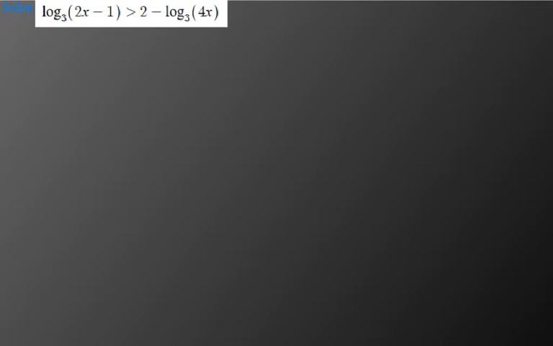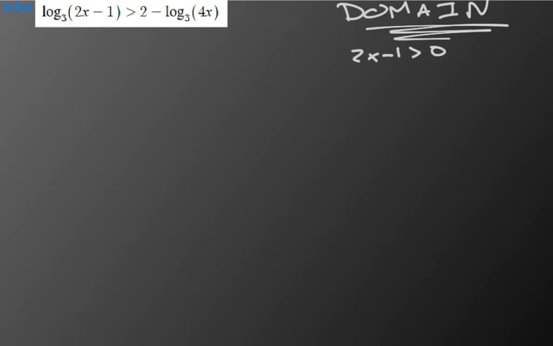All right. Another really important thing in this course is solving log equations and inequalities. Another type of problem where domain plays a really big role, so we have to think about that. Might as well just do it right now. So for the domain part, we need 2x minus 1 to be greater than 0, or x to be greater than a half, right?